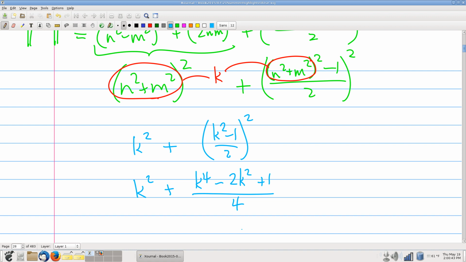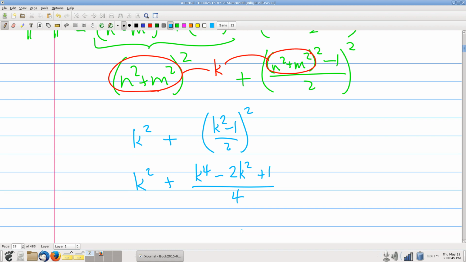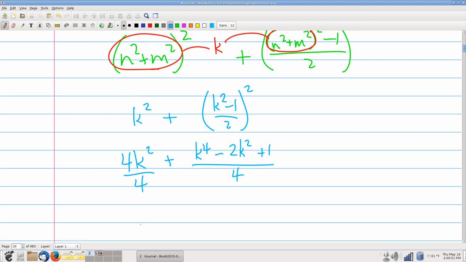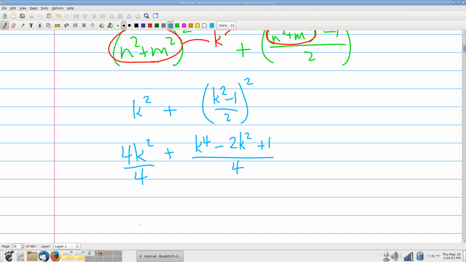Now let me rewrite this K squared as 4K squared over 4. Now I've got a common denominator, and conveniently, again, the same little bit of arithmetic good fortune: this 4 is just going to turn this minus into a plus. Kind of nice how that works out.